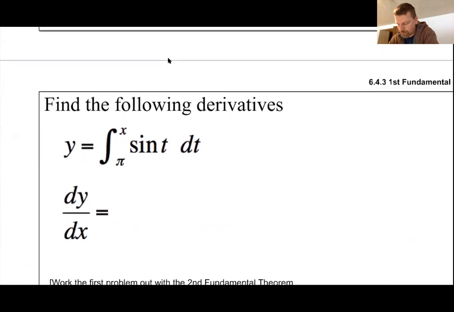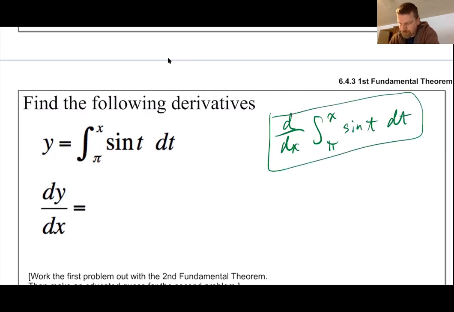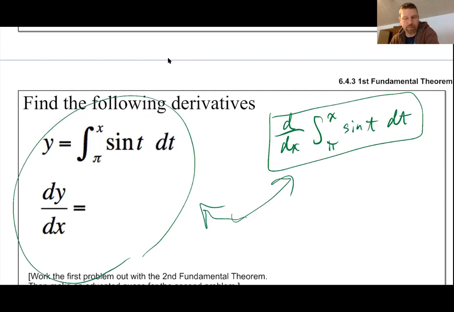I'm just going to write it off to the side so we can see it. It'll be written as d dx of the integral from pi to x of sine of t dt. So often you'll see this problem here and that problem there. It's two ways of writing the same exact problem, right?